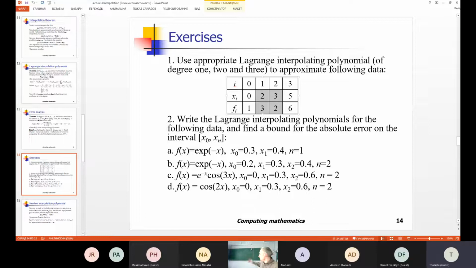Well, we get the result. Yes, it seems correct if you substitute these 2 points.